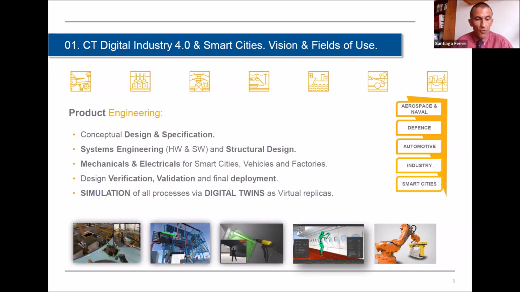The engineering of full vehicles, data transmission, and the general condition of any machine and process we can come up with. The design, verification, validation, and final deployment, virtually speaking, we can test everything to its limits and see the maximum capacities of systems, vehicles, factories, and even cities.